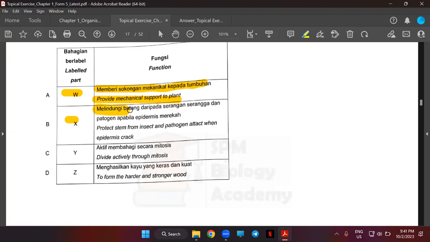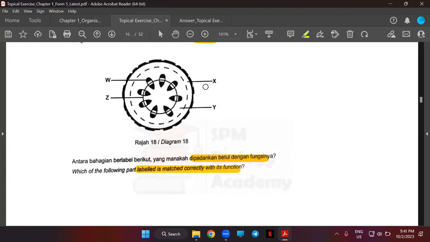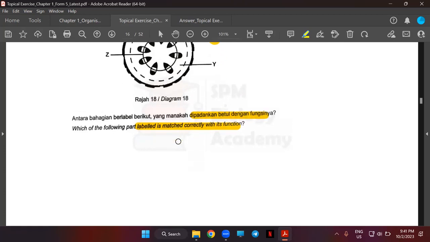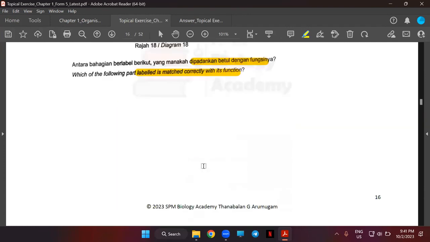X melindungi batang daripada serangan serangga dan patogen apabila epidermis merekah. Protect stem from insect and pathogen attack when epidermis cracks. Okay, what is X? Hold on for a while. Tunggu sekejap, kita tengok Y dulu. Aktif membahagi secara mitosis, divide actively through mitosis.